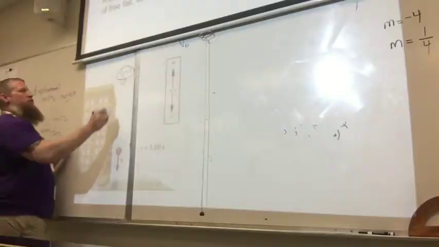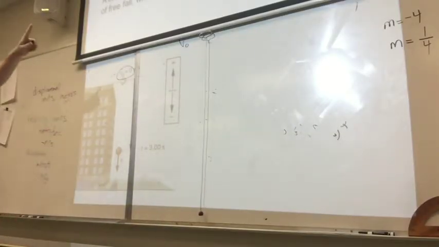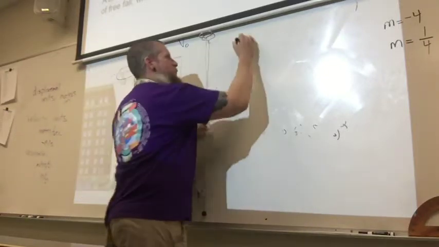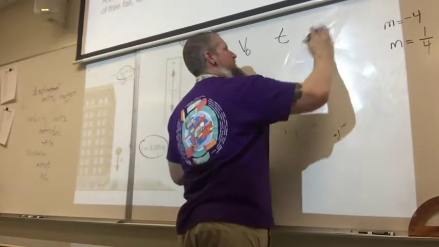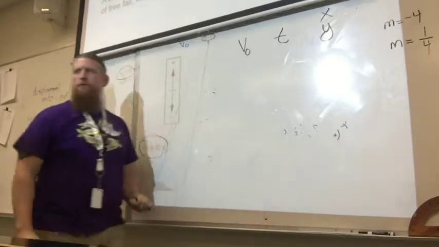So I have an initial velocity. They give you a time, which is right here. If I just went through the problem, I would see that they're asking for a y, but this is the same as the x, so it's a displacement.